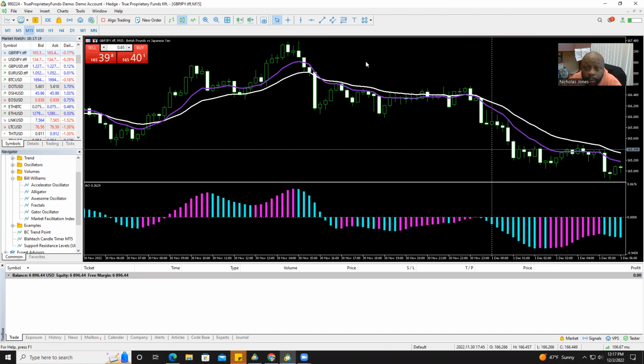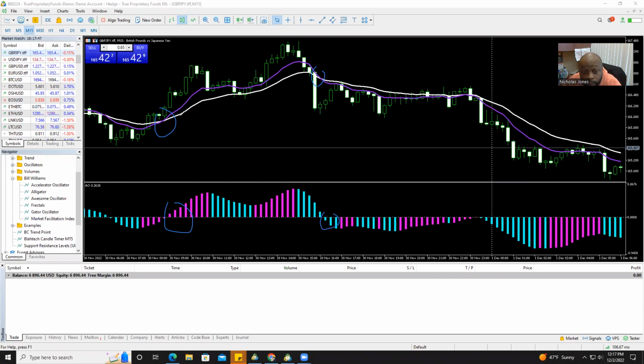It happens here. It happens here. So imagine how many trades you can get into during the week based off of these crosses between the Awesome Oscillator and your moving averages.